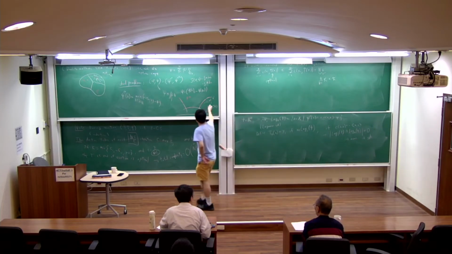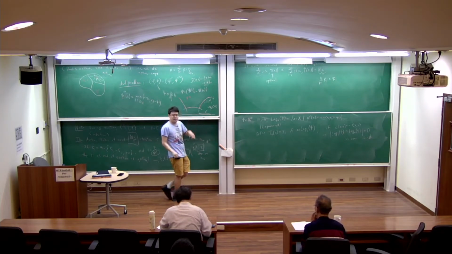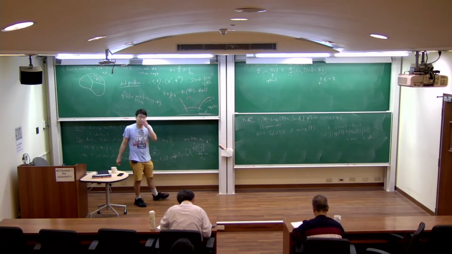So the intersection between two cells would be exactly something that's on the boundary here. And that's contained in some kind of lower dimensional hyperspace, so it'll have measure 0.